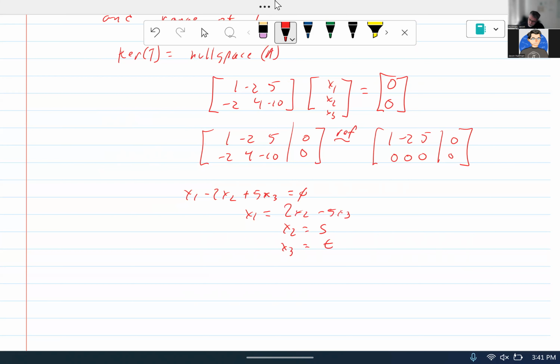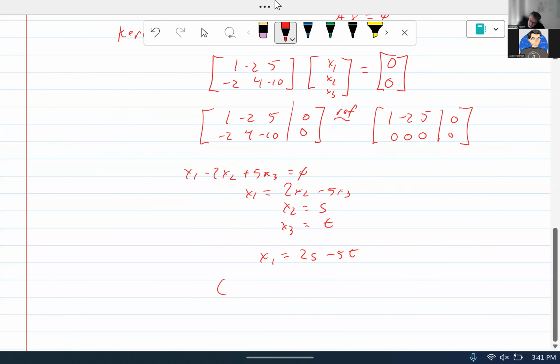Okay, and I can say that x1 is equal to 2s minus 5t, and so I can write the solution in two variables as (2s minus 5t, s, t), where 2s minus 5t is x1, x2 is s, and then t.